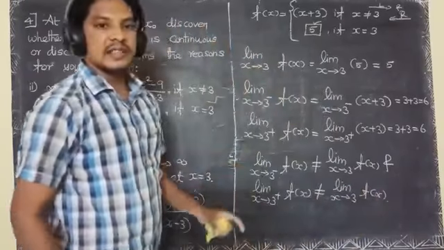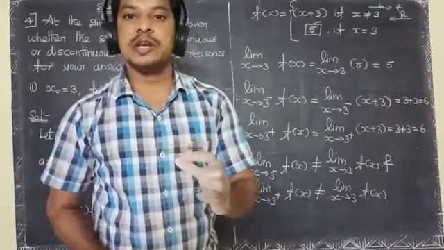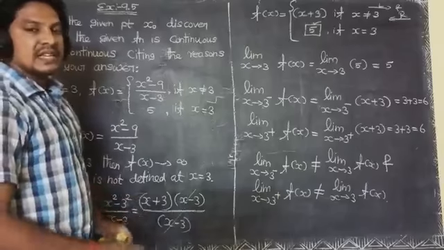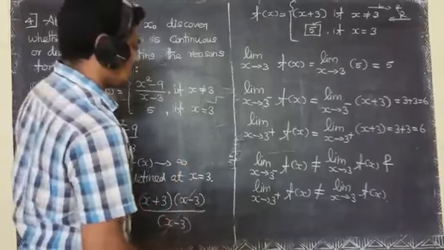Therefore, this is called a removable discontinuity. Therefore, the given function is discontinuous at x equal to 3.